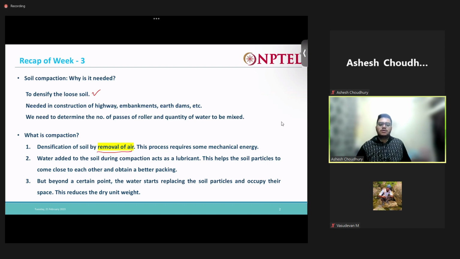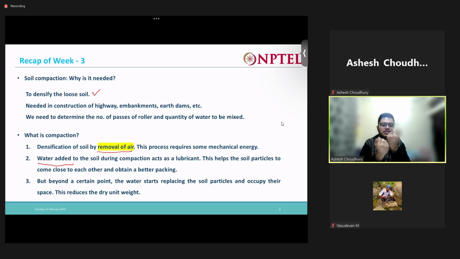Now to aid compaction, we need to add some water. So what does water do? Water helps in the lubrication of the soil particles. Water acts as a lubricant. A lubricant is something which reduces the friction between two particles.